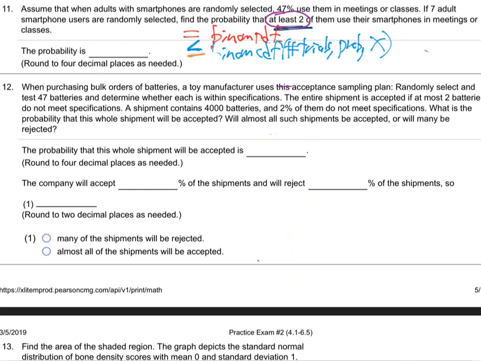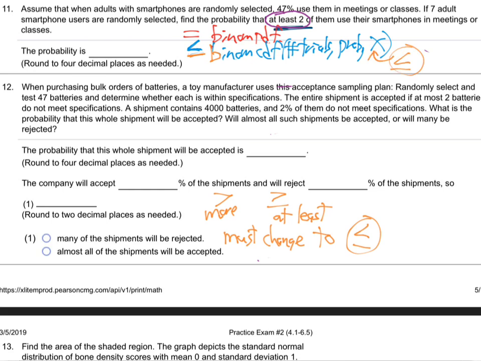If they say greater than, like more, or greater than or equal to, which would be at least, or some phrase like that, you must change to less than or equal to. Why? Because that's the only way this binomial thing can handle it. It assumes what you put in there is a less than or equal to number.